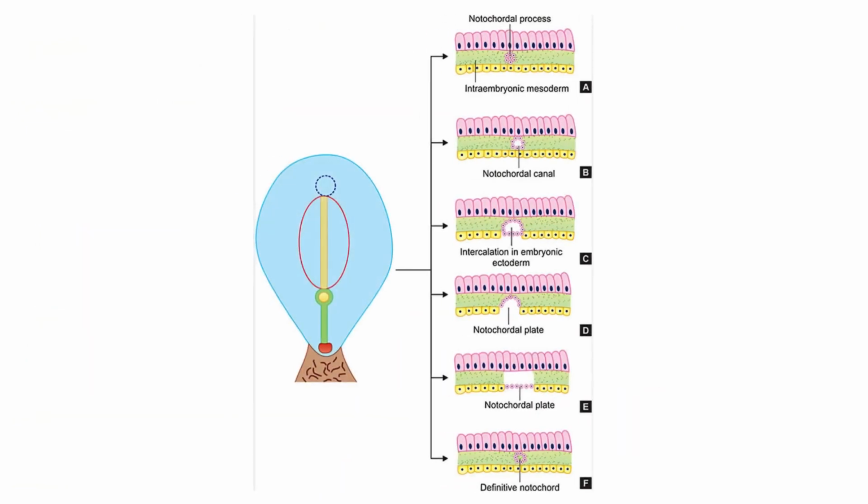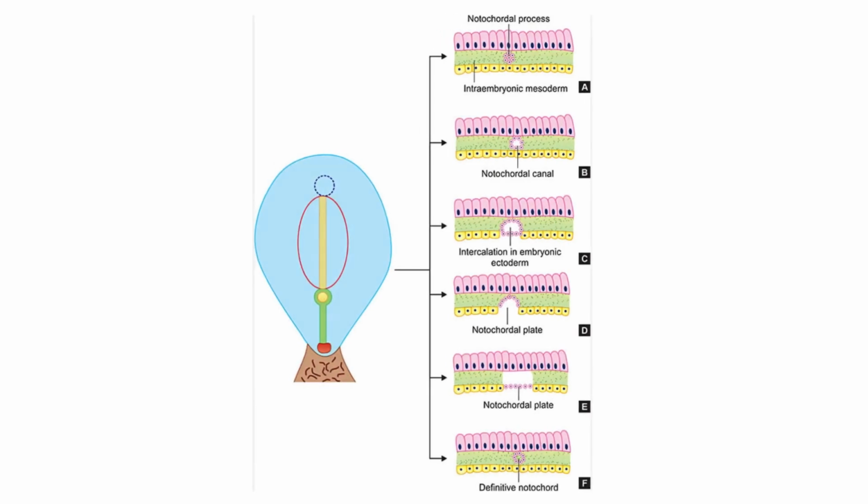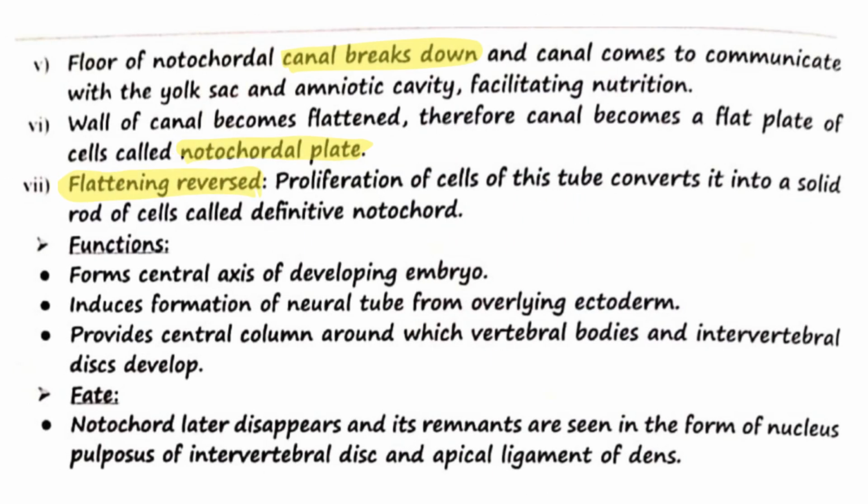Then we can draw a small diagram showing this, but before that there are three more steps. The floor of the notochordal canal breaks down and the canal comes to communicate with the yolk sac and amniotic cavity, facilitating nutrition. The wall of the canal becomes flattened, therefore the canal becomes a flat plate of cells called the notochordal plate.